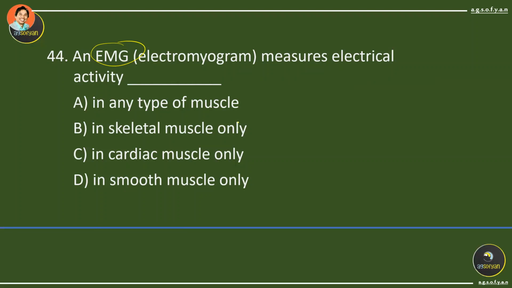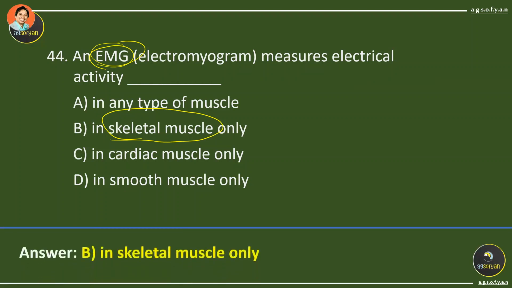Or for smooth muscle, we will also not use this EMG. So this EMG is used only for skeletal muscle measurements. Okay, the contraction of skeletal muscle, the strength or the weakness of the skeletal muscle contraction. So if you perform this lab experiment, you should be able to answer this question easily.